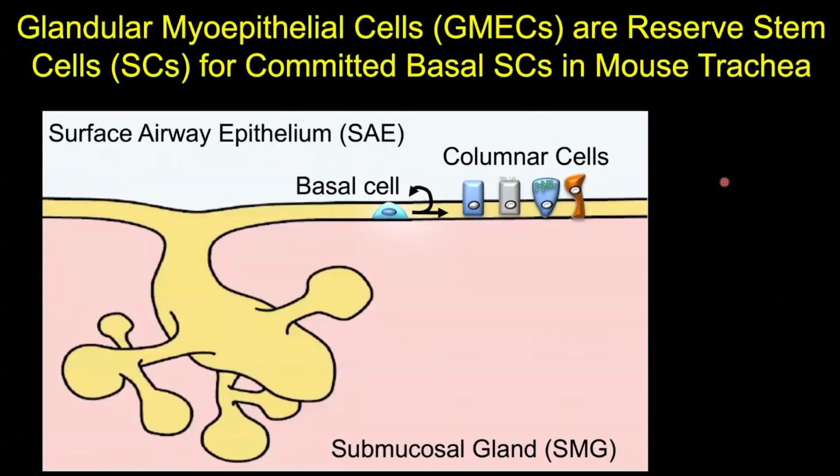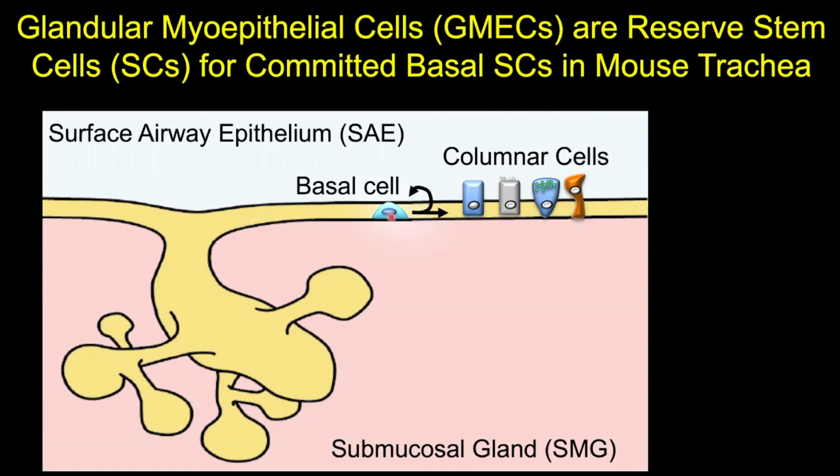Now, the glandular stem cell compartment also houses reserve stem cells that are precursors to committed basal stem cells at the airway surface. These studies were initially performed in mice, and I'll talk about some that we've done in ferret.